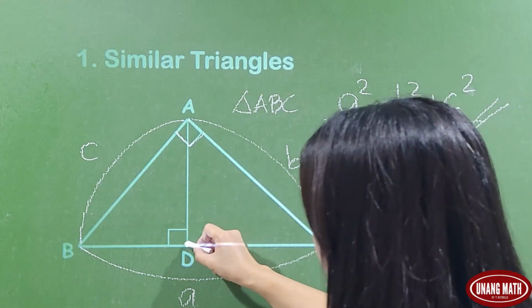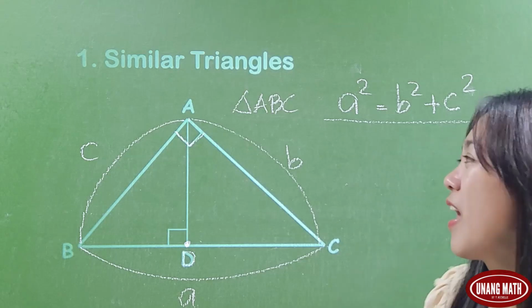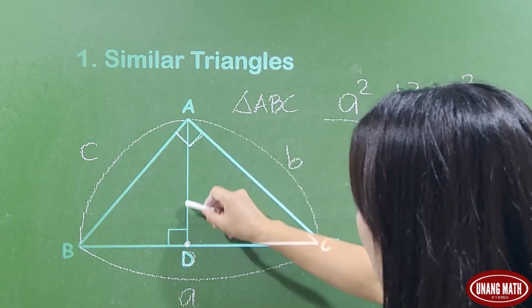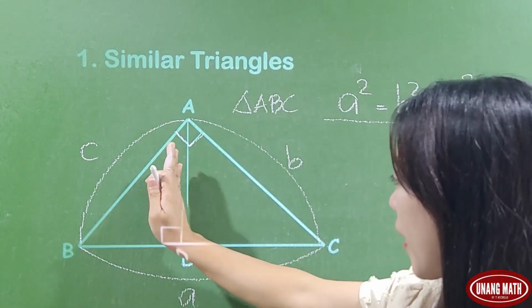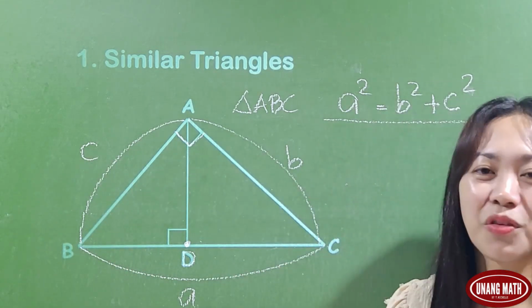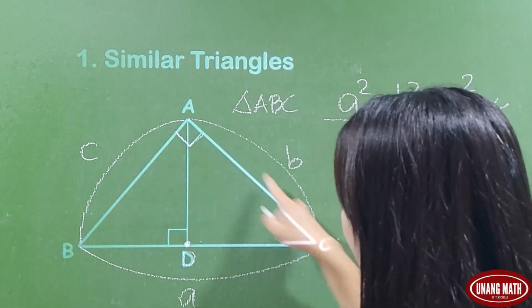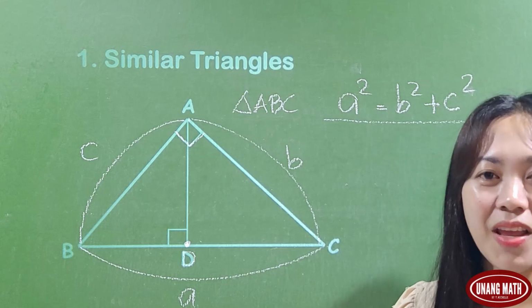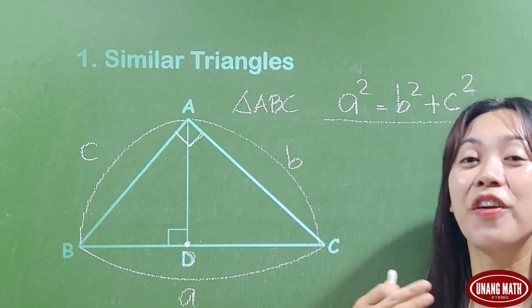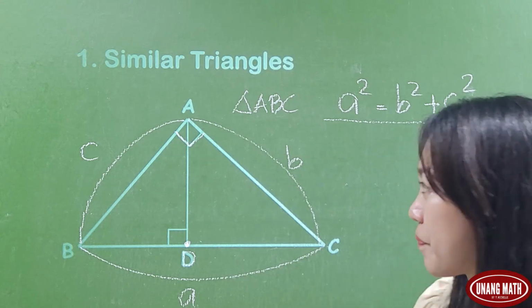So in here, point D is our perpendicular foot. When we draw this perpendicular line, we create this right triangle and this right triangle. In total, we have 3 right triangles, and these 3 right triangles are similar figures.